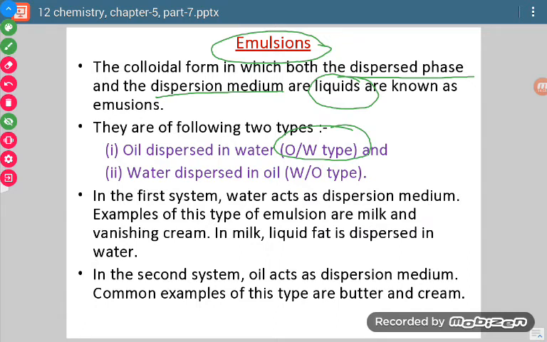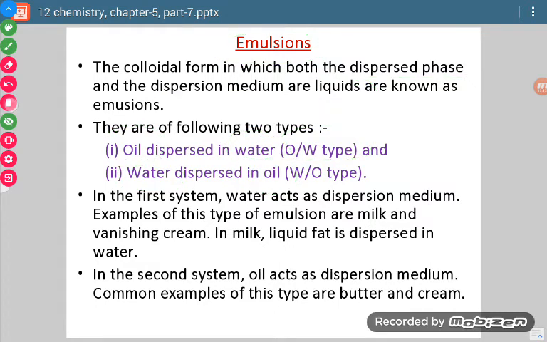Oil in water means water is in more amount, oil is in less amount. Whichever is less is called the dispersed phase, whichever is in more amount is called the dispersion medium. So oil in water means oil is the dispersed phase and water is the dispersion medium. But if we say water in oil, then water is the dispersed phase and oil is the dispersion medium.